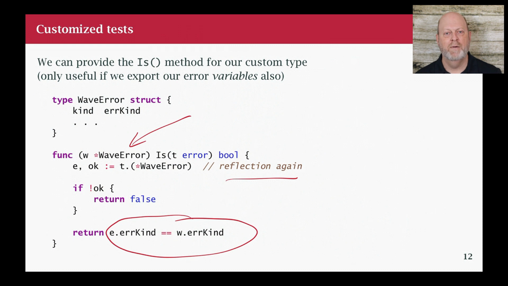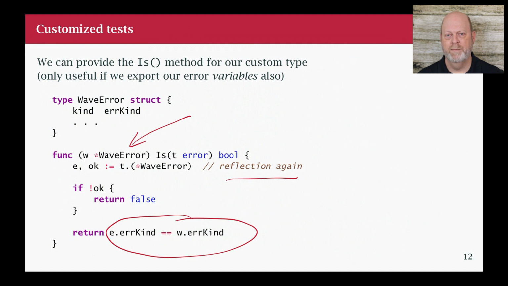If it has the same tag, then it's that kind of error. And I think that's good logic. So I can not only provide the unwrap method, I can provide the Is method on my custom type. And that allows people to figure out whether a particular error happened without trying to guess at what string they should search for.